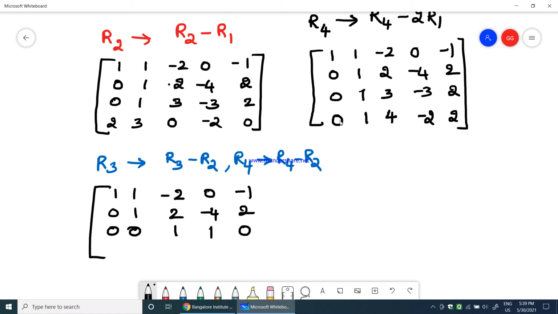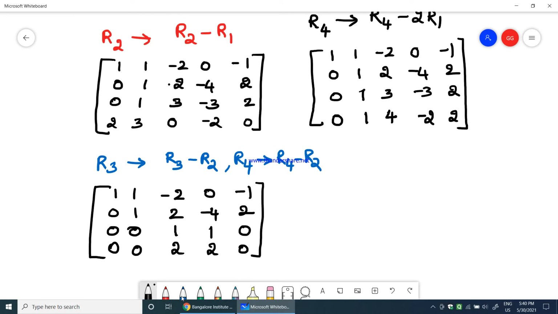Similarly here 0 minus 0 is 0, 1 minus 1 is 0, and then we have 4 minus 2 is 2, minus 2 minus of minus 4, which is plus 4. So 4 minus 2 is 2. Then I have 2 minus 2, which is 0.